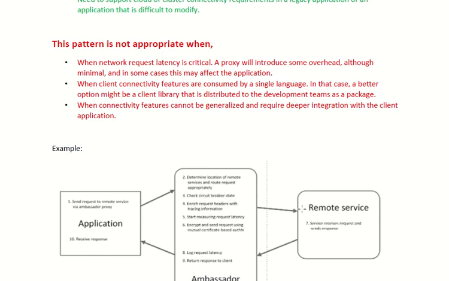If the service is down, then you have to break the circuit in order to prevent further requests. Enrich request headers with tracing information, start measuring the request latency, encrypt and send the request. So all these common features or cross-cutting concerns should be taken care of by this ambassador, and then you send the request. And then receive the response, and then give it back to the application.